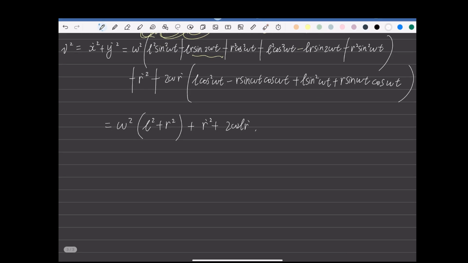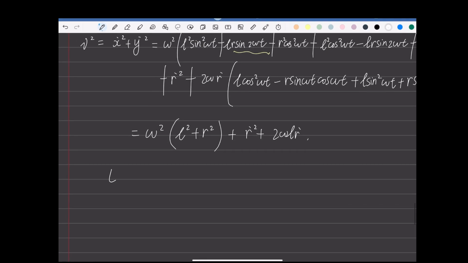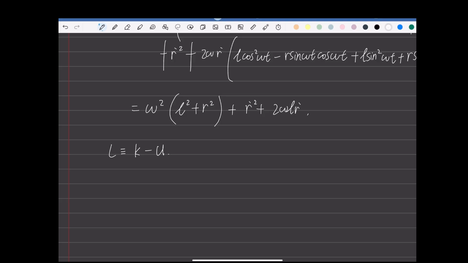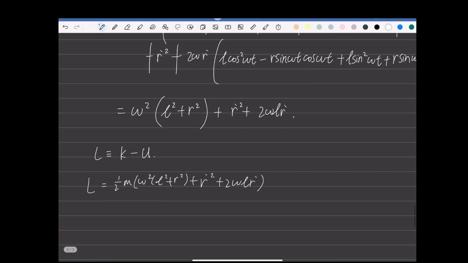And so then after we obtain the expression for v squared, we can find the Lagrangian, which is K minus U. K is half m v squared. So m omega squared L squared plus r dot squared plus 2 omega L r dot, minus U.